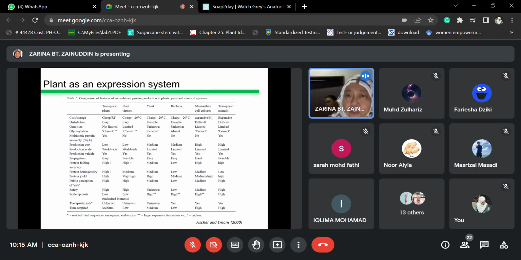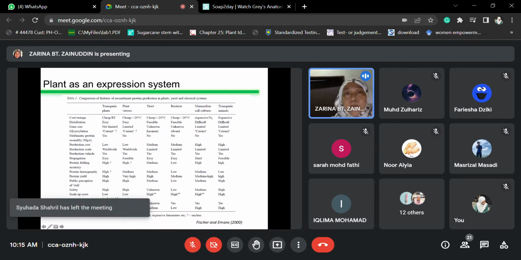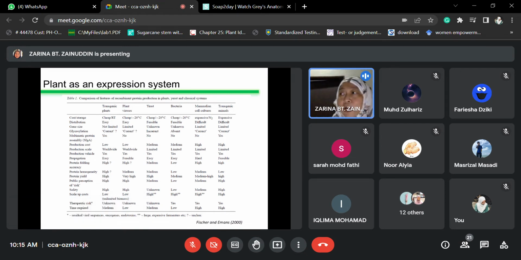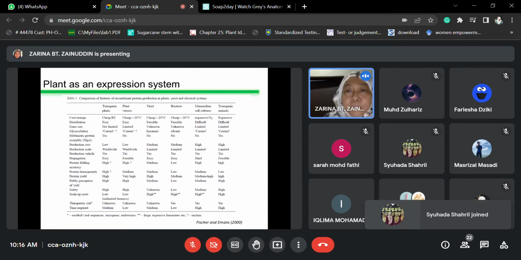You can also use mammalian cell culture, or transgenic animals. But because we study plants, of course plants offer other advantages compared to other systems. So plant can be used as an expression system to produce biological products.